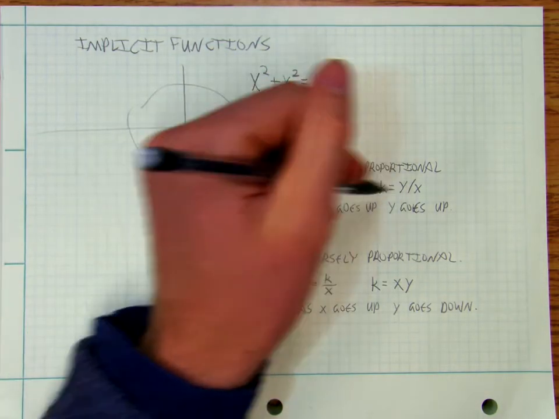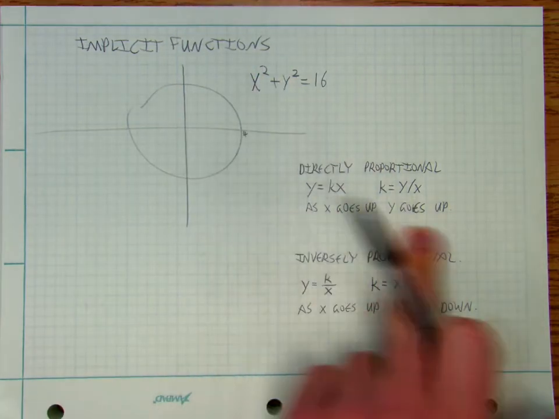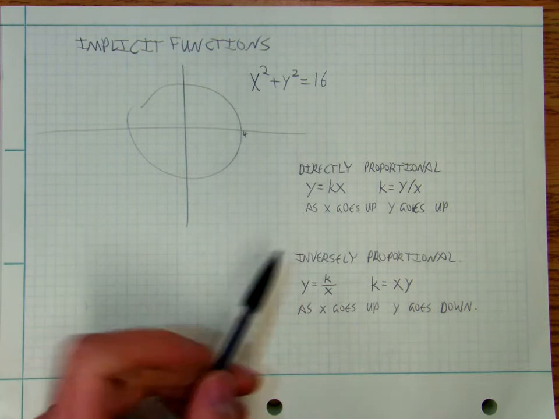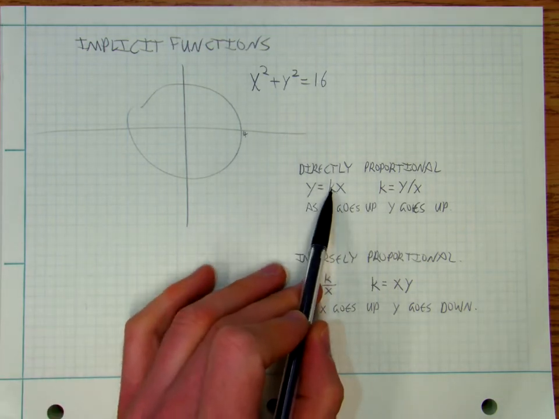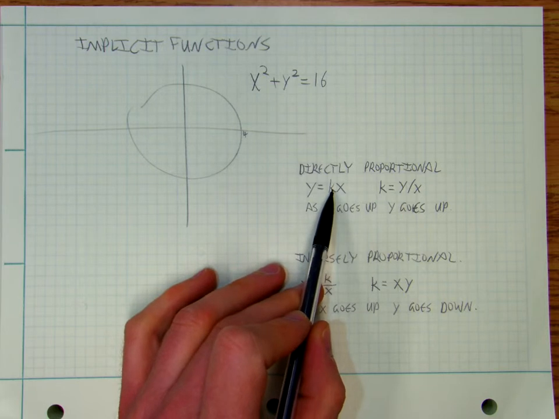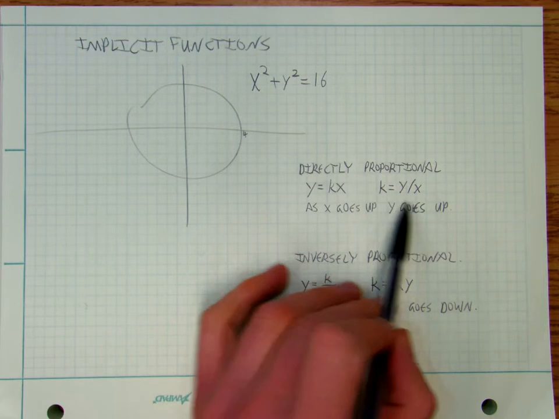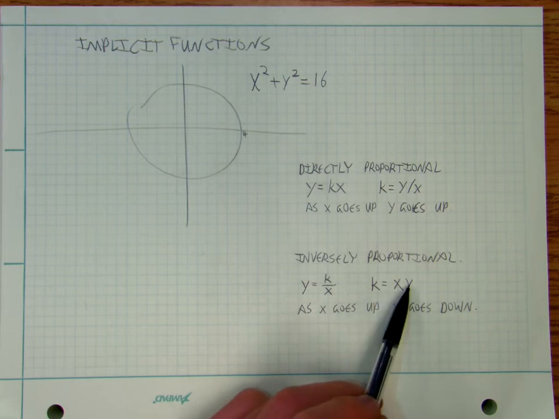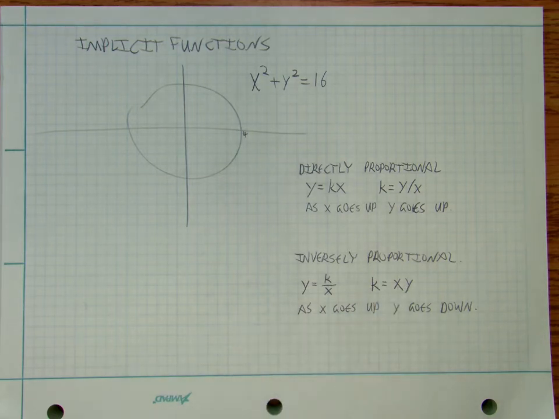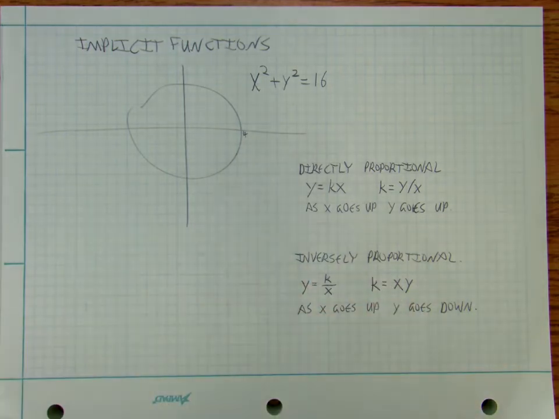If it's one of these two things, there's other ways. This is just kind of rough. That's not a straight definition. But as x goes up, y goes up with a constant of variation, or basically this says the same thing here. As x goes up, in order for k to be a constant, y has to go down by the same proportion. Oh, I guess I got one more thing that I want to say.